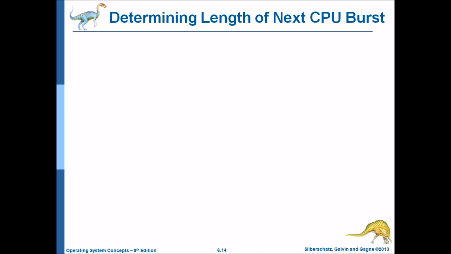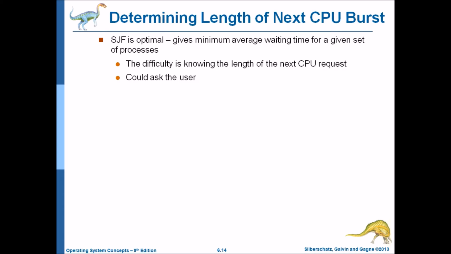Okay, so shortest job first can be proven to be the fastest scheduling algorithm, meaning it is optimal. It gives minimum average waiting time for a given set of processes, but it suffers from one important problem.